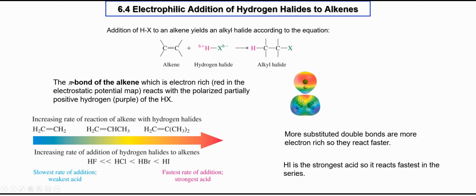The positively charged hydrogen end will react or bond with the carbon which is more negatively charged, and the carbocation end will be more likely to react with your chloride or bromide. Normally, the hydrogen halides HBr and HCl are commonly used for these reactions.